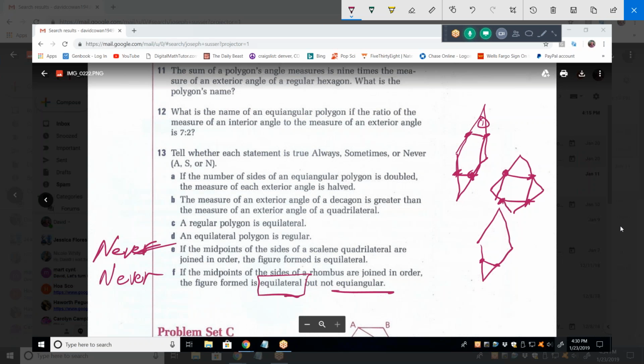Now, proving that is a little tougher, but I realize there's one way you can probably prove it. That is, if you create a trapezoid, no, actually, let's create it like this. There is a scalene quadrilateral.